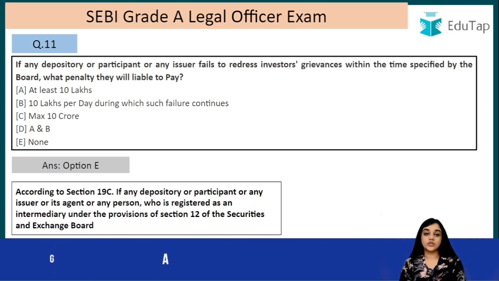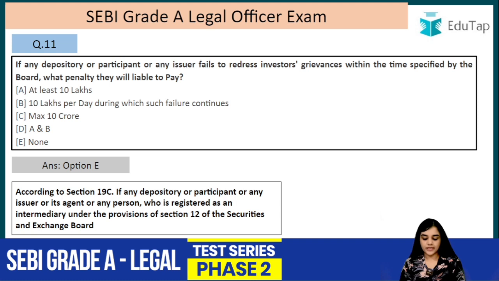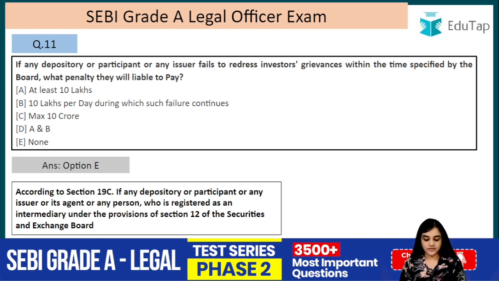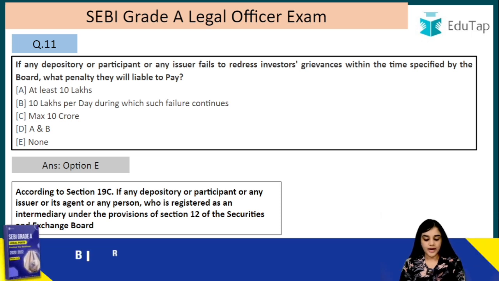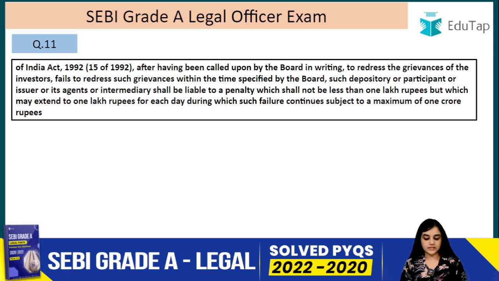Let's read this also. It is under section 19C. If any depository or participant or any issuer or its agent or any person, so all of these persons, will be liable. The depository, the participant, the issuer or its agent or any person who is registered as an intermediary under the provisions of section 12 of the Securities and Exchange Board of India Act 1992, after having been called upon by the board in writing to redress the grievances of the investor, fails to redress such grievances.